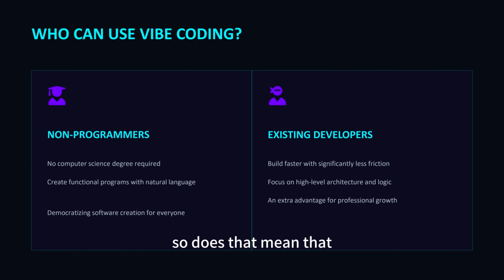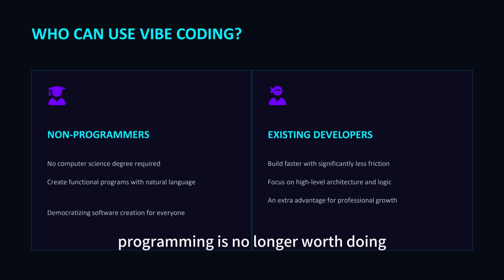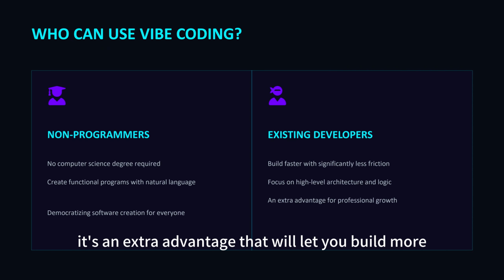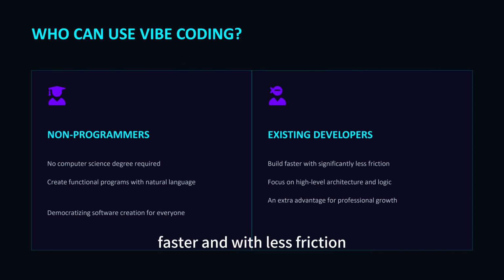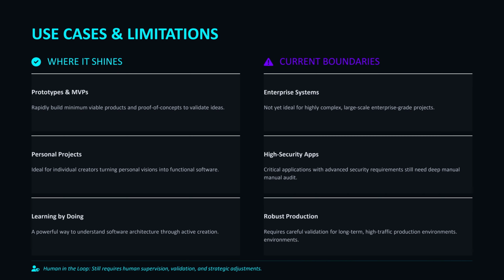So does that mean that programming is no longer worth doing? I didn't say that. If you already know how to code, it's an extra advantage that will let you build more, faster, and with less friction. Another common question is, does vibe coding work for everything? Well, not exactly. Vibe coding really shines in cases like personal projects, prototypes, and demos.